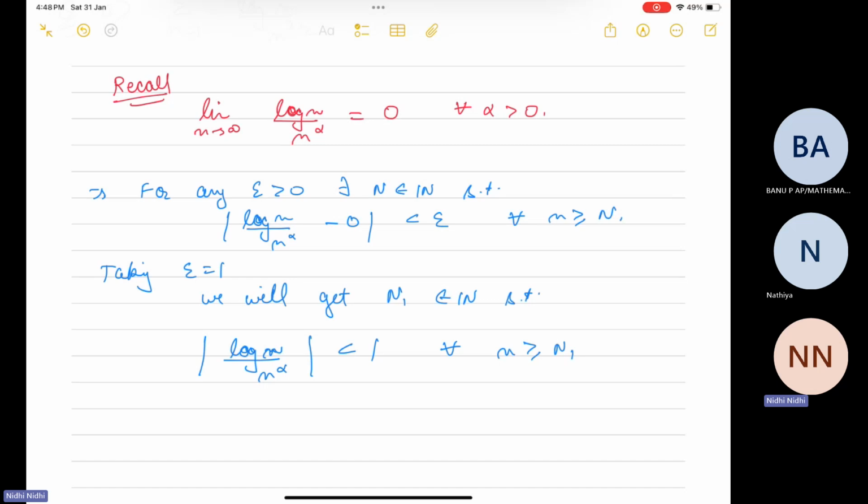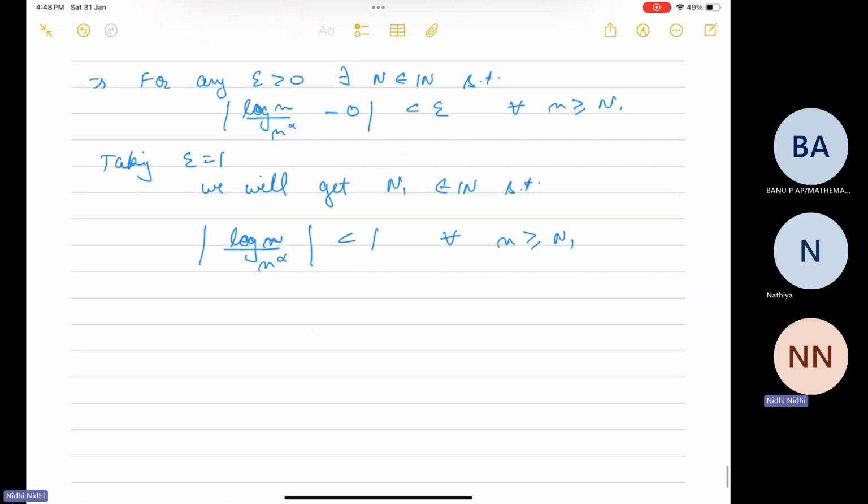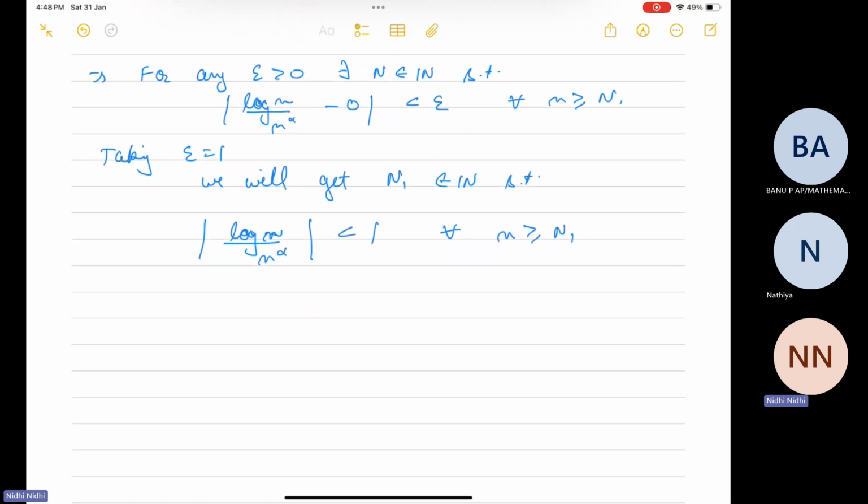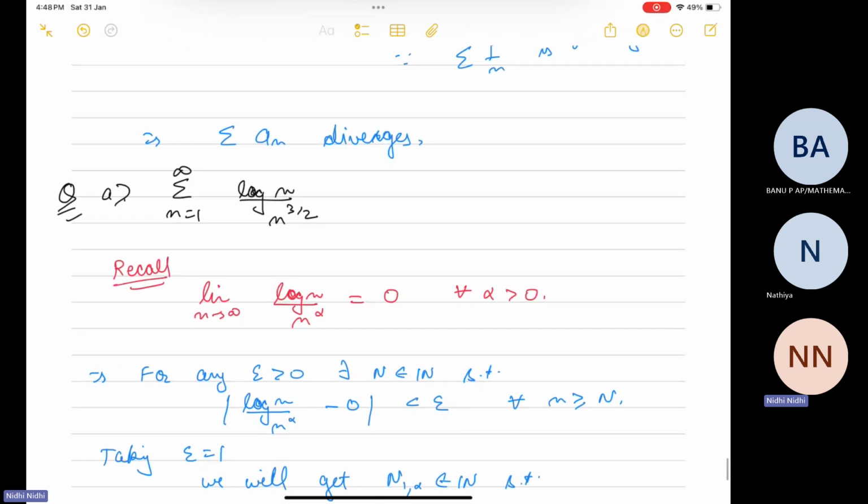Now, since log n is always positive, I can remove this modulus. So eventually I'll get log n strictly less than n to the power alpha for all n greater than equal to n1. In fact, it will depend on alpha also, so I'll write it as n1 comma alpha. Now above we have n to the power 3 by 2.